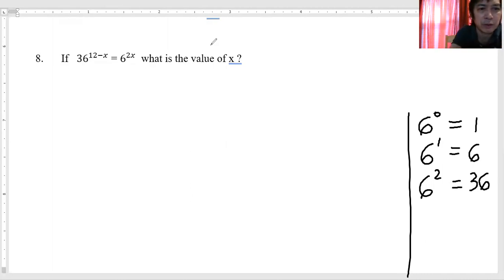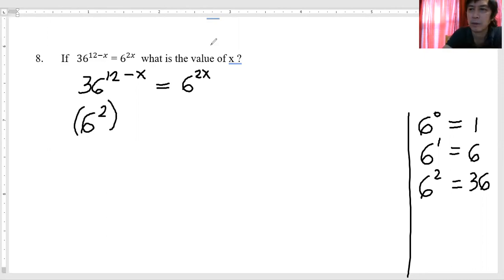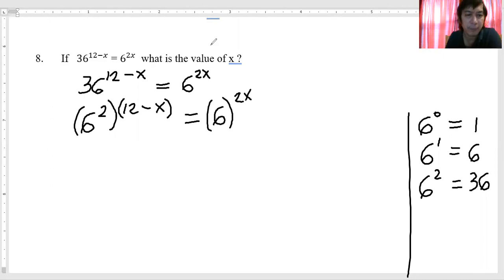So this is the given equation. We're asked to get the x. 36 can be replaced now with 6 squared, and you still have this value raised to the power 12 minus x. And this is equal to 6 raised to the power 2x. You can write it that way.